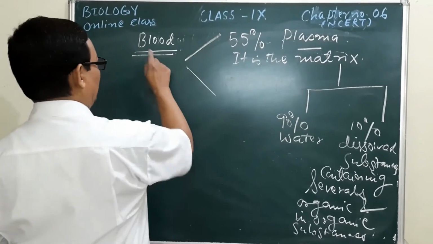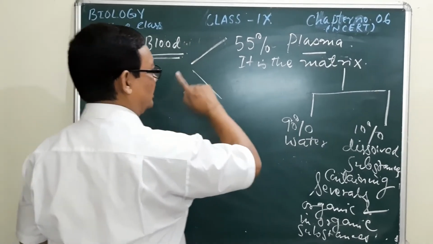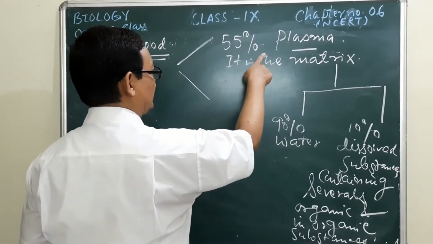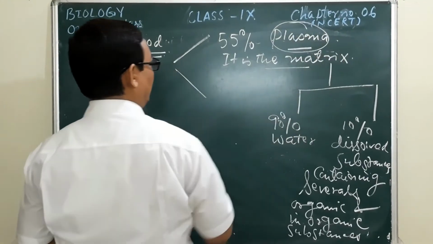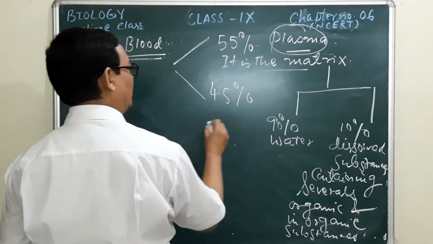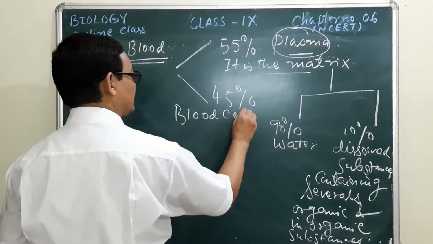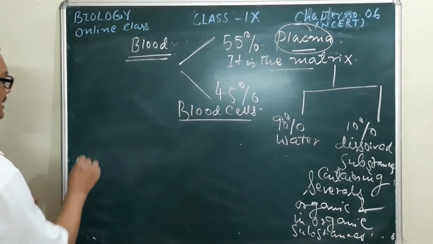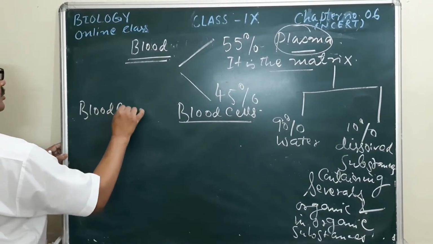And now come here again to this side. Blood is a fluid connective tissue which comprises 55% of its matrix, which is known as the plasma, and 45% of blood cells. These blood cells are also known as blood corpuscles.